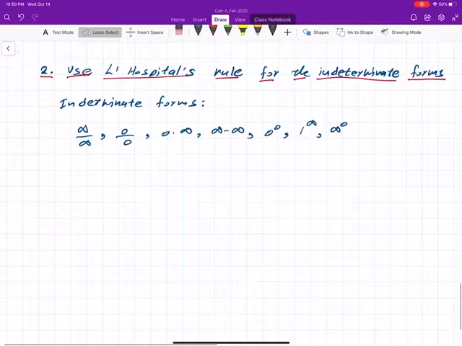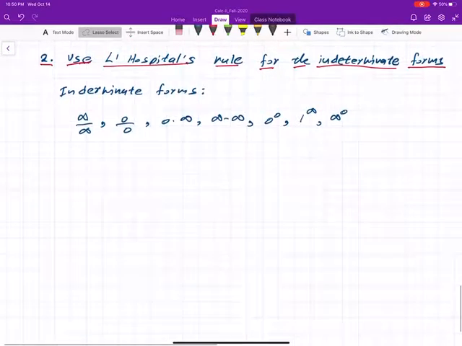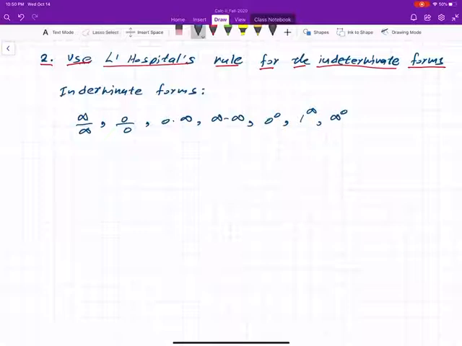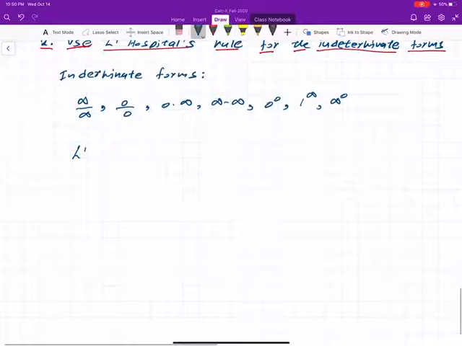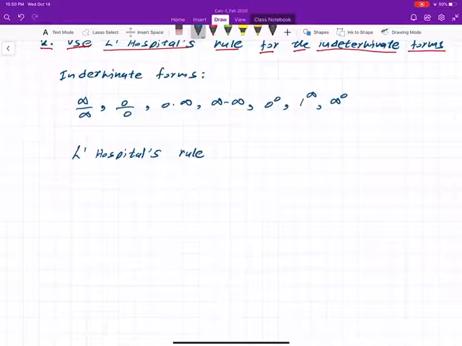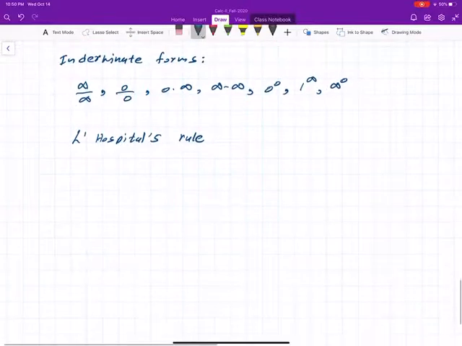All right. Now let's learn L'Hopital's Rule that you learned in Calc 1. I'm going to give you a review about L'Hopital's Rule. So this is L'Hopital's Rule.